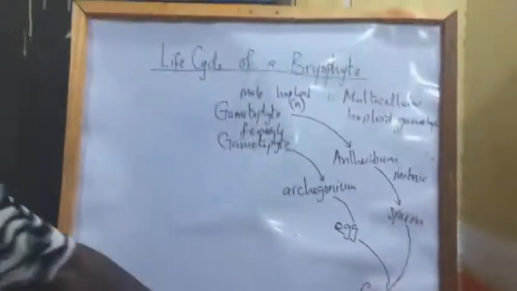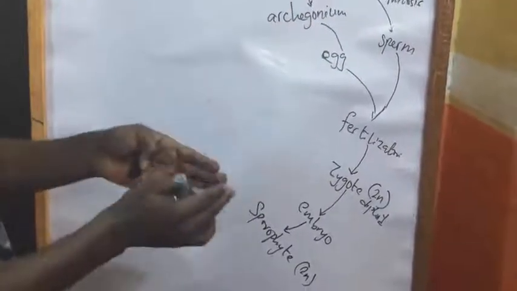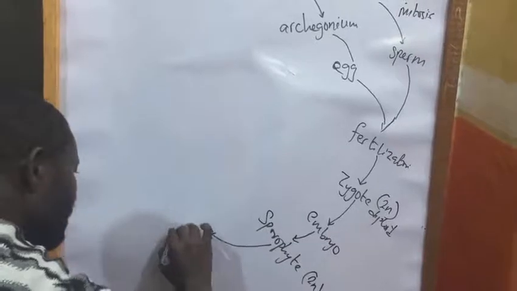Obviously now, the mature sporophyte must be 2N, it must be diploid, because it is produced from the fusion of sperm and egg. Sperm is N, egg is N. So the two coming together will give us 2N. Now, when this is done, the sporophyte has what is called capsule. And this is the capsule here.